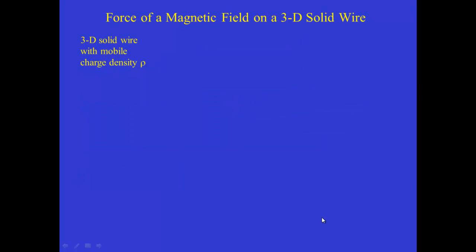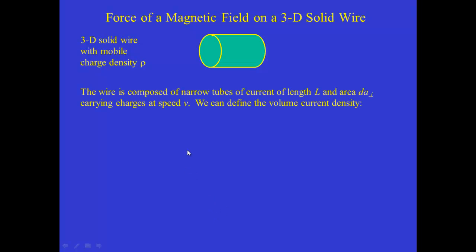And finally, one last case is the case of a three-dimensional solid wire carrying current, where the charge density for the mobile charges is rho, charge per unit volume. So imagine a cylindrical wire, and that wire being composed of many narrow tubes that each carry current through a length L, cross-sectional area dA perpendicular, with charges moving at speed v.